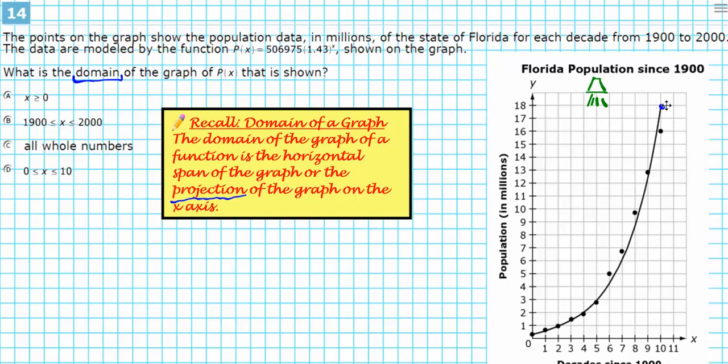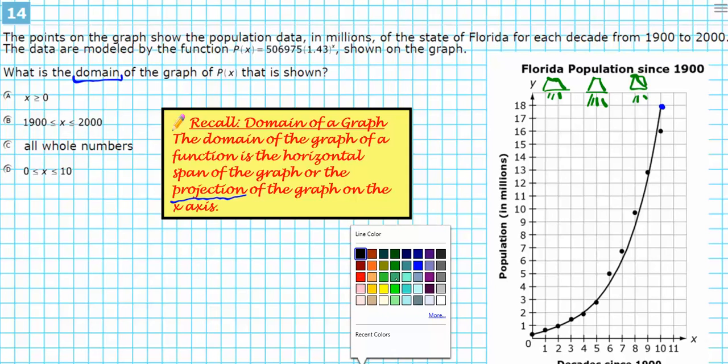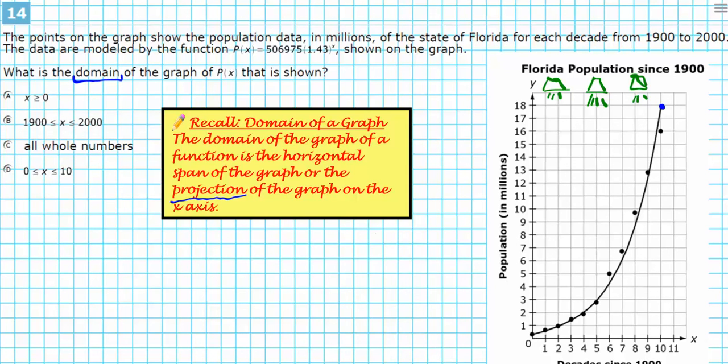So if you flash your flashlight on the entire function, it's above the x-axis, so we just flash it from above. If it were beneath, we'd go up and down, depending on the orientation of the graph. The shadow is going to look just like this. It's going to go, let me make it green, from 0 all the way to 10. Okay, that's what your shadow is going to look like. That's what the projection of the graph onto the x-axis looks like.